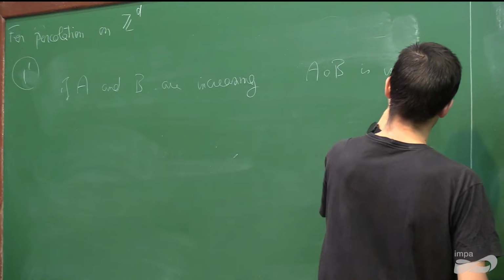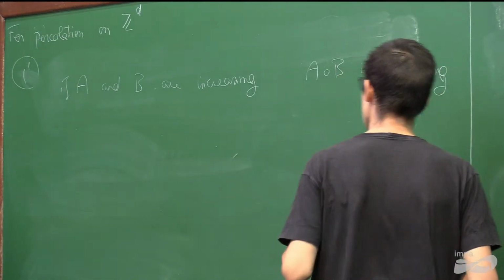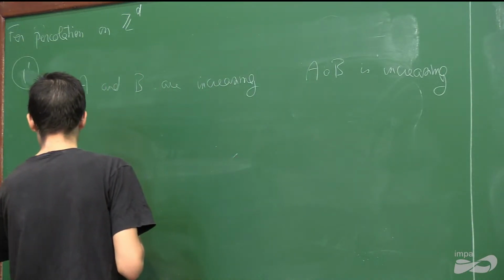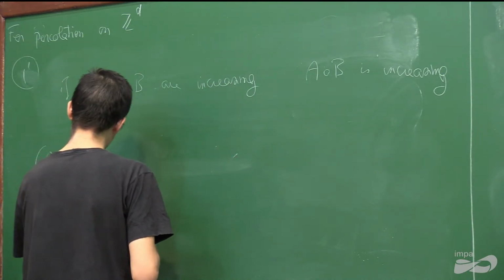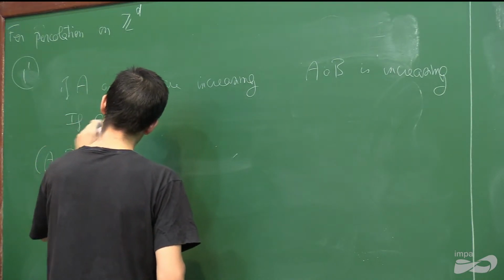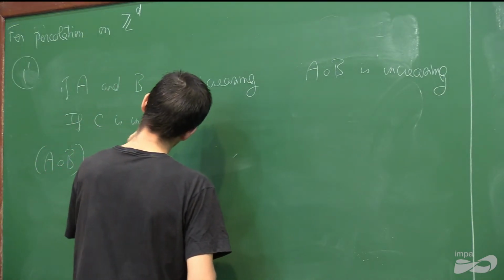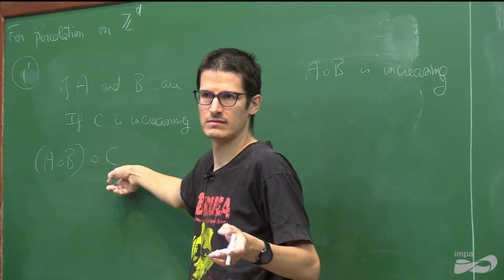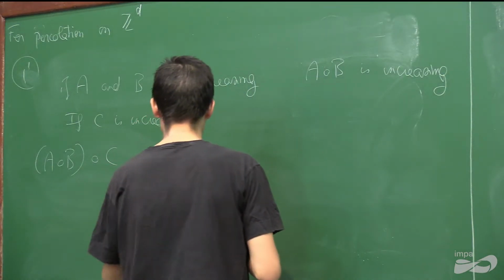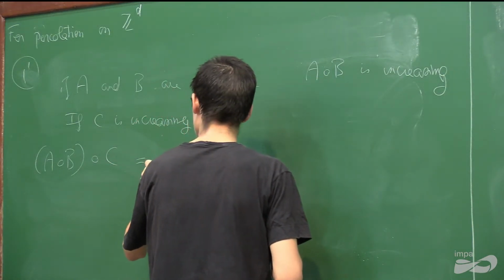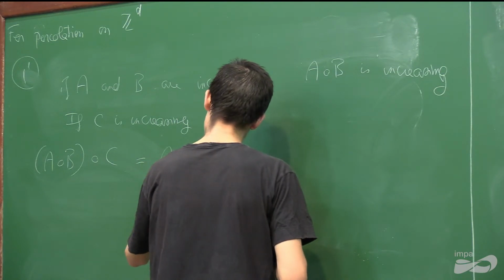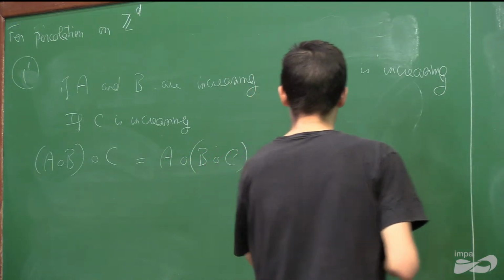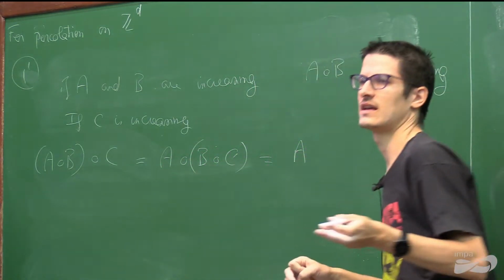This is something that I left as an exercise. We can always define this thing, and what you can check, as an exercise, is that this operation circle is associative.